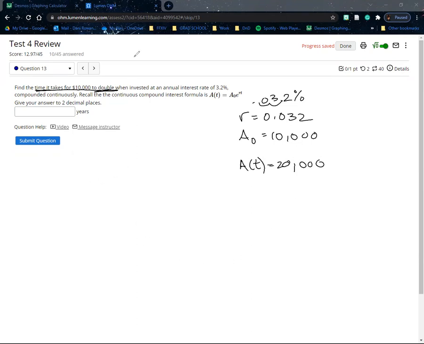Okay. So knowing all this information and knowing the formula, let's set it up. A of t is 20,000 equals 10,000, our initial, times e to the rate of 0.032 t. I wrote that wrong at first, so let's try that again.